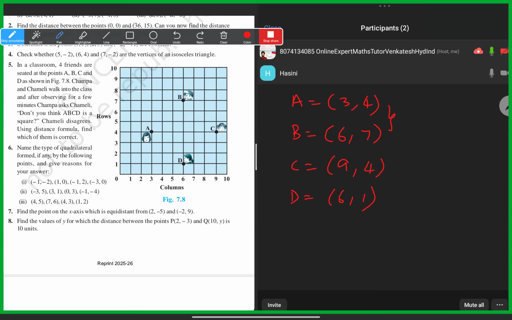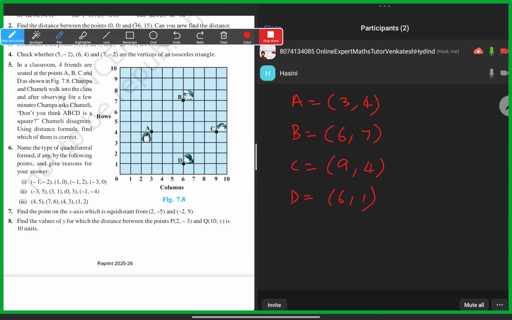So all the four friends' positions we got, no? Yes, sir. They're asking, Hasni, Champa and Chameli walk into the class and after observing for a few minutes, Champa asked Chameli about the points given in the figure, discussing whether this ABCD will form a square or not.